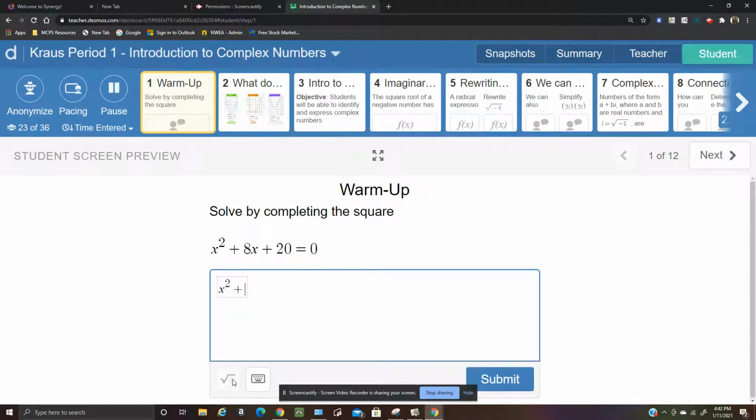So first thing you're going to do is subtract 12 from both sides. And then you want to take 8 divided by 2, which is 4. And square 4, 16. Add 16 to both sides.